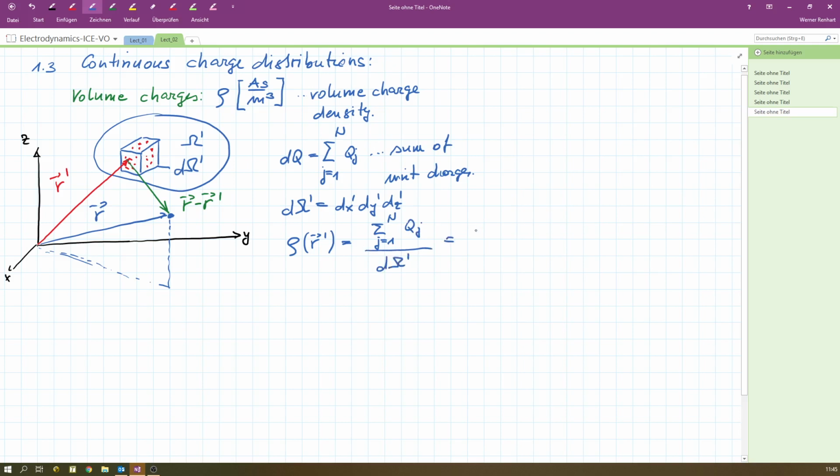And this is because this sum is delta q, dq over d omega prime.